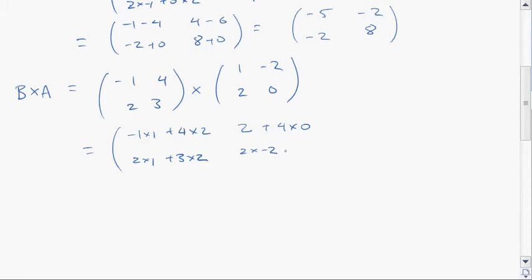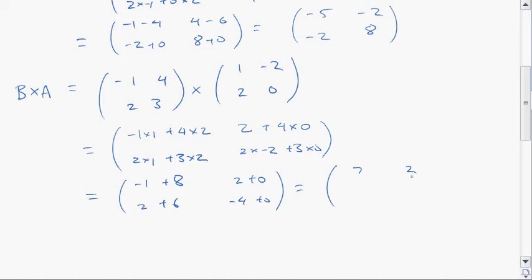So simplifying this, we get -1 plus 8, 2 plus 0, 2 plus 6, and -4 plus 0. So this simplifies to 7, 2, 8, -4.